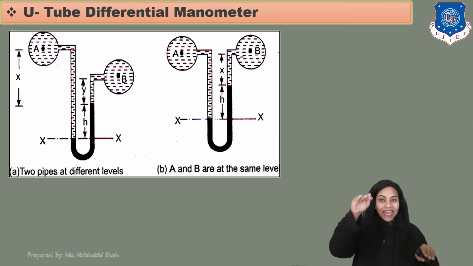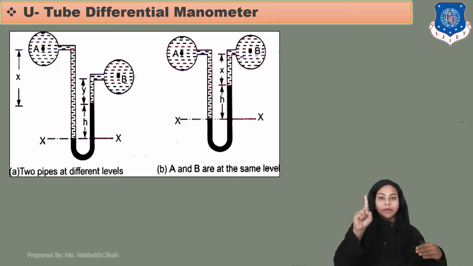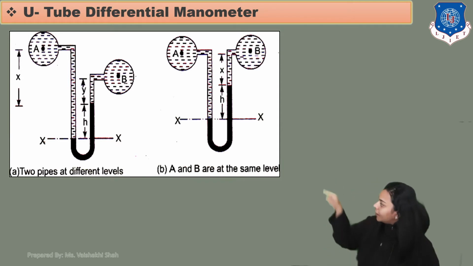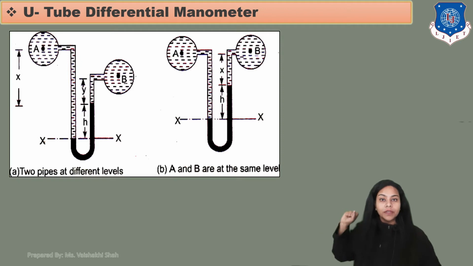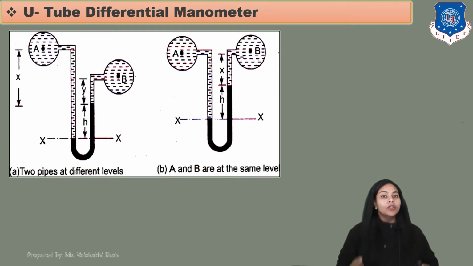There is a height difference between pipe A and pipe B. Between pipe A and pipe B you connect a U-shaped glass tube.